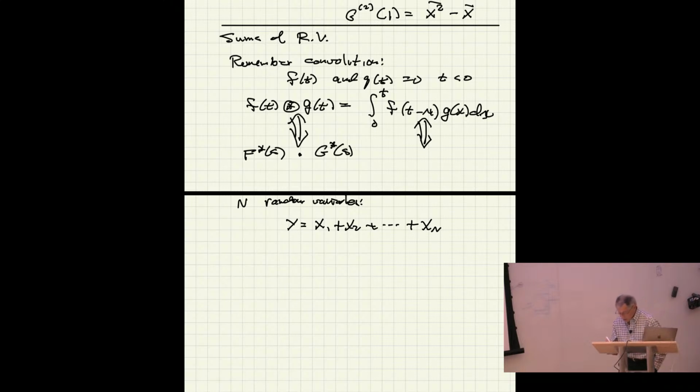And let's assume these are independent random variables. So I'm considering the sum. Well, what is the mean of y in terms of the moments of the x's? The mean of a sum is the sum of the means. So it's the mean of x1 plus the mean of x2 plus etc.